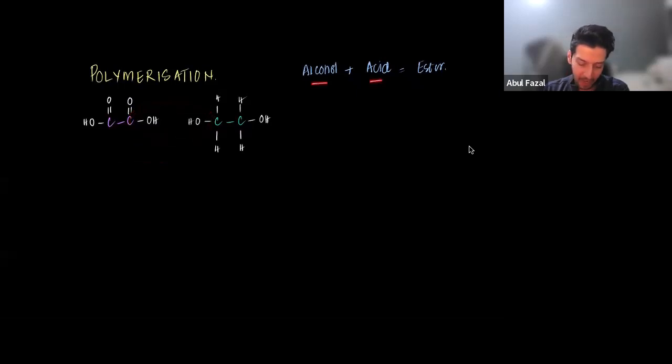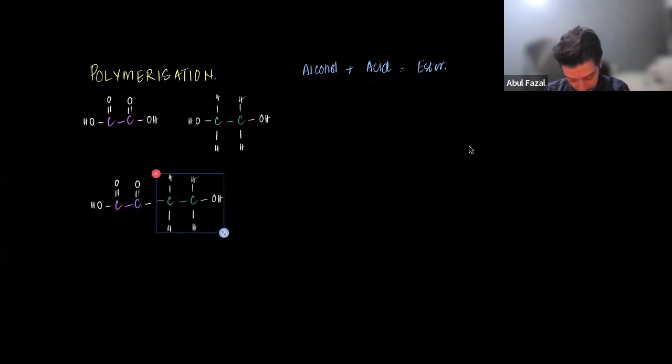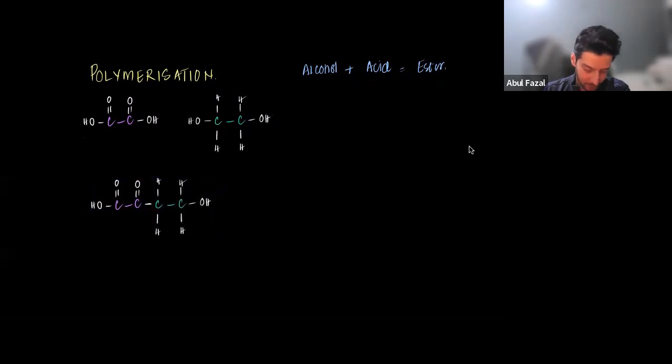Why? Because an alcohol and an acid can esterify or form an ester link. So let's do that. This molecule will pair up with this molecule, like that. Right? Essentially, I made a mistake, didn't I?